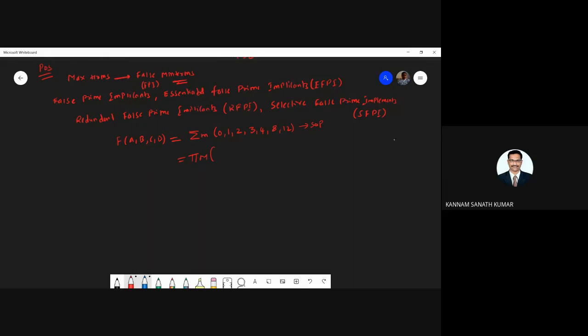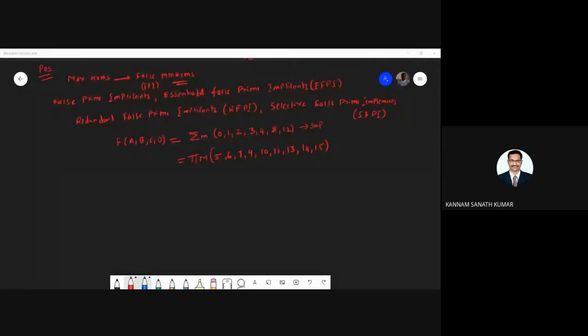These are nothing but the min terms. So if you write, 0, 1, 2, 3, 4 is there. 5 is not there. 5, 6, 7, 9, 8 is there. Okay, so 10, 11, 12 is there. 13, 14, and 15.